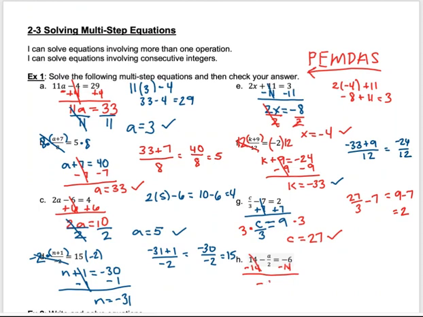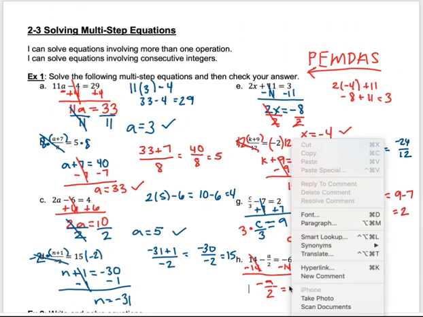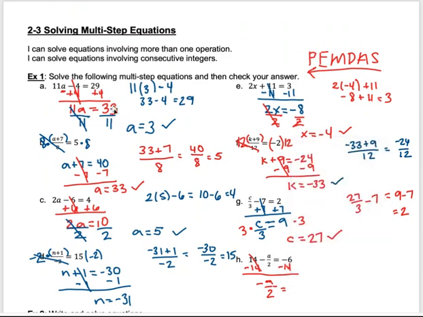So I get negative A divided by 2 equals negative 20. Now, a common mistake is forgetting that negative in front of this division. Okay, so don't forget that everything that we didn't touch comes down.